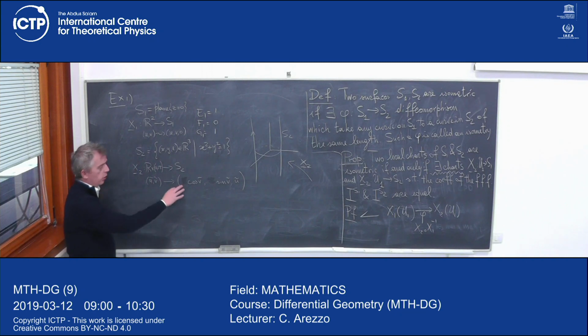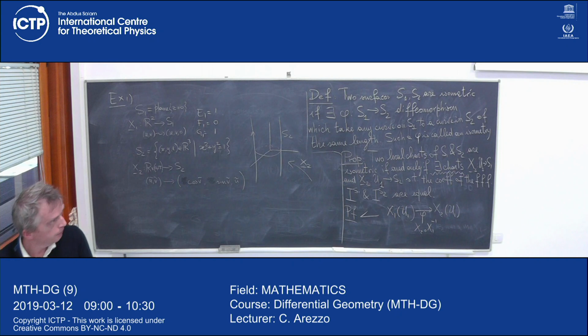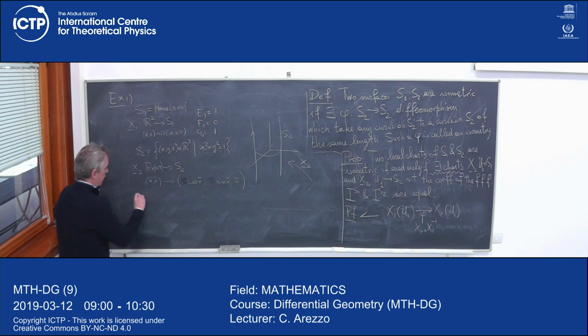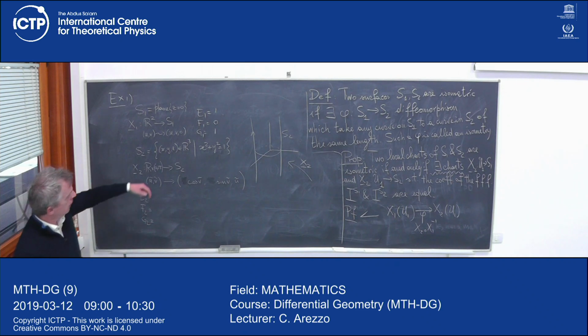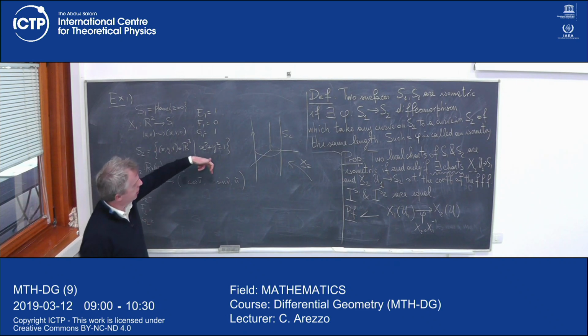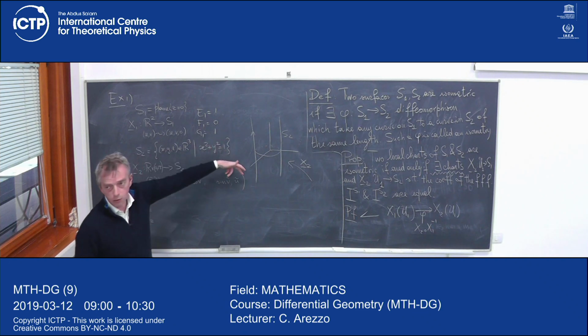The map itself will always look the same. I will just change this if I want to cover another piece of the cylinder. Very good. So which are the coefficients E2, F2, G2? Well, I need to take x_u tilde, and this is (0, 0, 1).